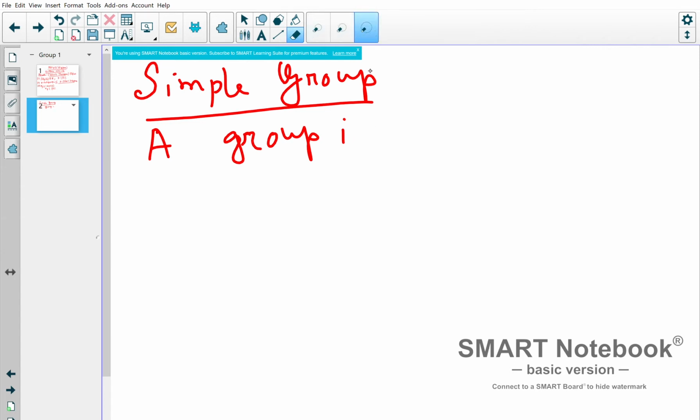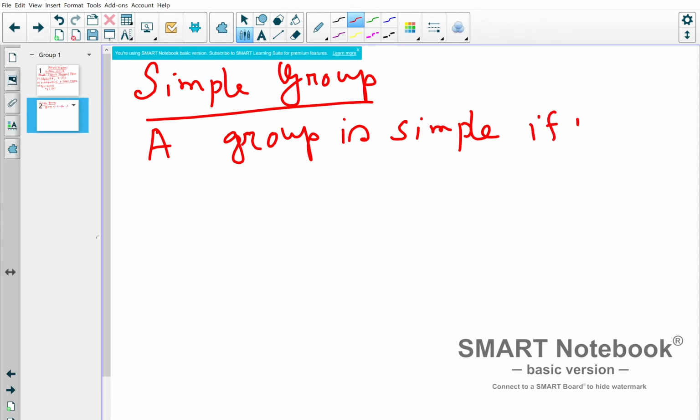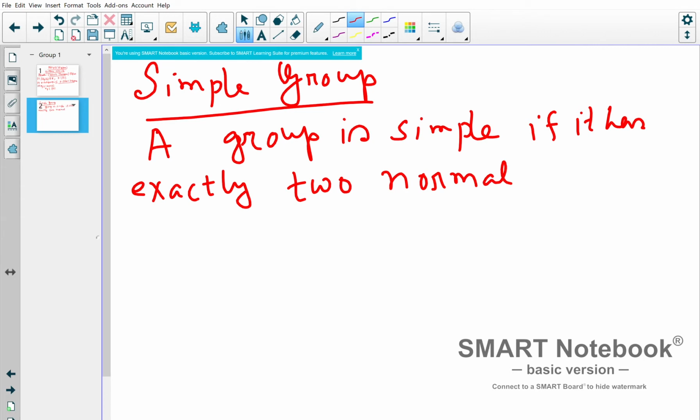We say a group is a simple group if it has exactly two normal subgroups.